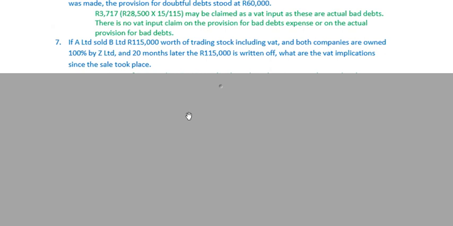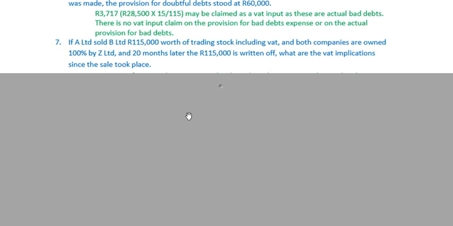It says if A Limited sold B Limited 115,000 rands worth of trading stock, including VAT, and both companies are owned 100% by Z Limited, and 20 months later the 115,000 is written off, what are the VAT implications? So remember, the seller is not going to be paid within 12 months. Therefore, they should normally reverse the output.